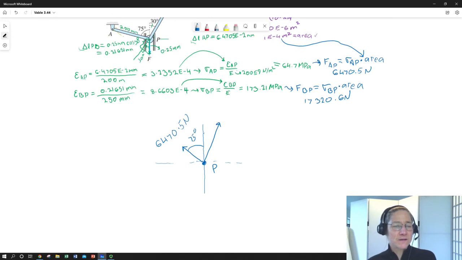And likewise we have tensile force exerted by our rod BP due to its stretch, 17,320.6 newtons.